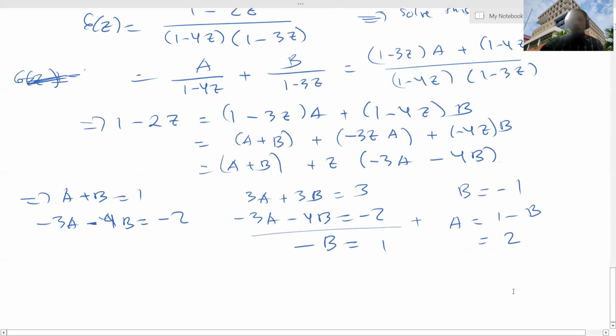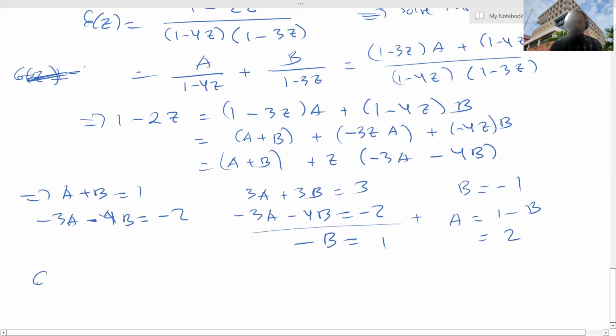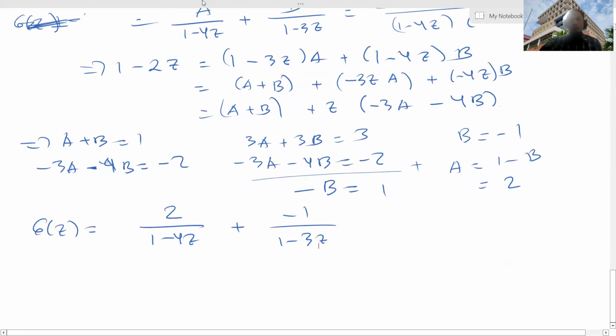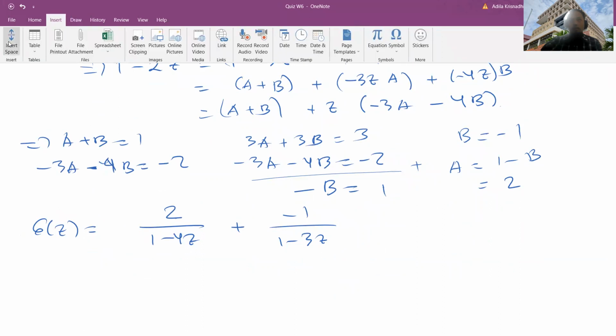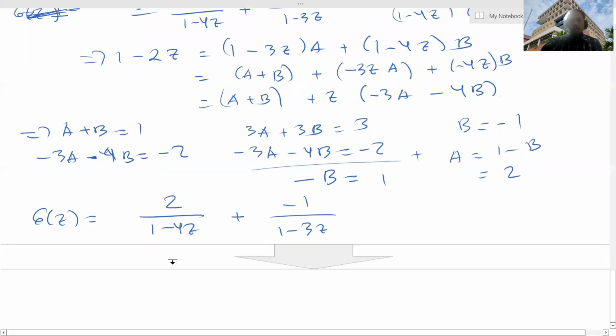So therefore we could write G(z) as, what is a? a is 2 over 1 minus 4z plus, what is b? Minus 1 over 1 minus 3z. Now this could be solved easily by looking at the usual geometric series.